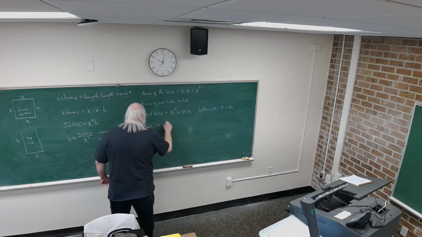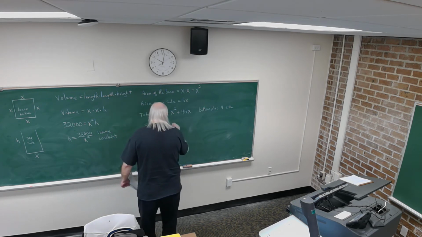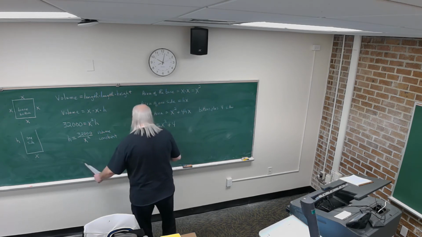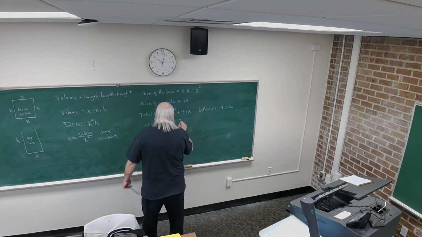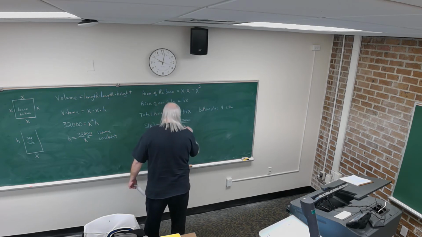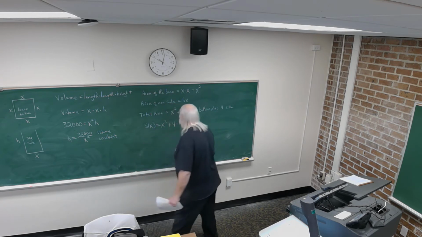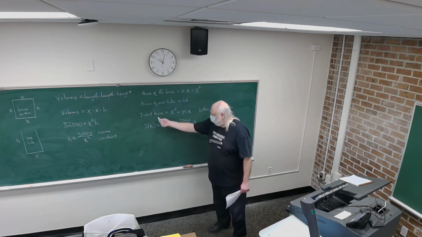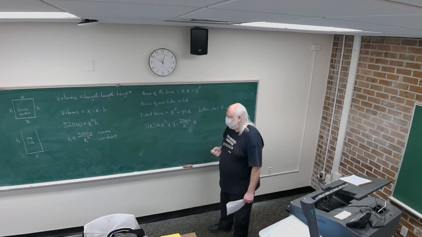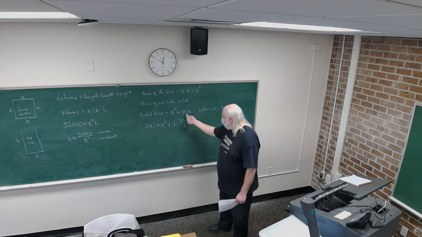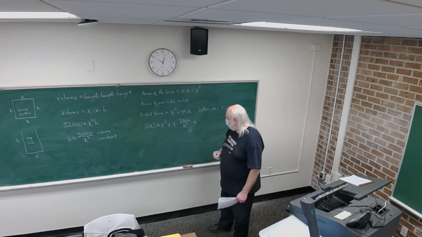So S of x is equal to x squared plus 4 times h, which is 32,000 over x squared, times x. Okay. So all I did is replace total area with S of x, right? That's what we're using for area in this problem. And replace h with 32,000 over x squared, right, due to the volume constraint.